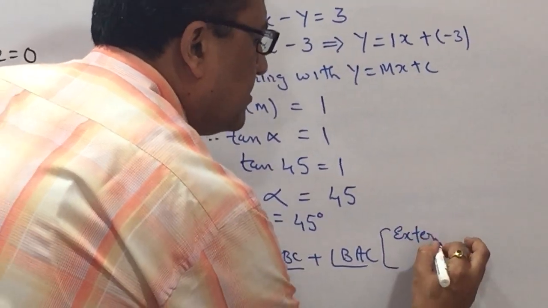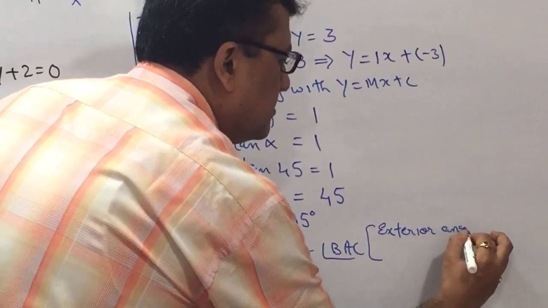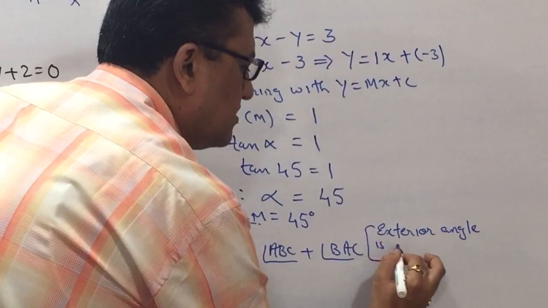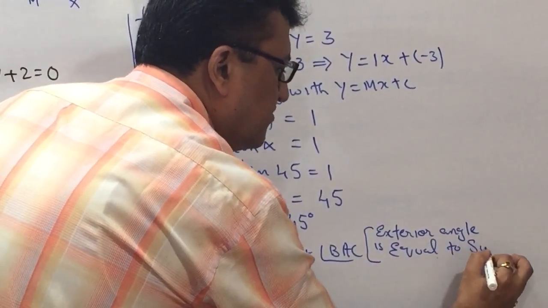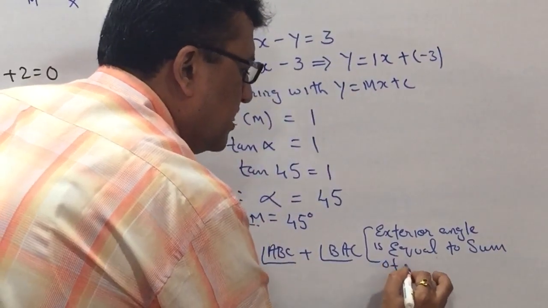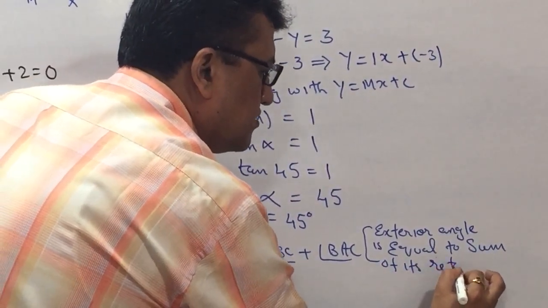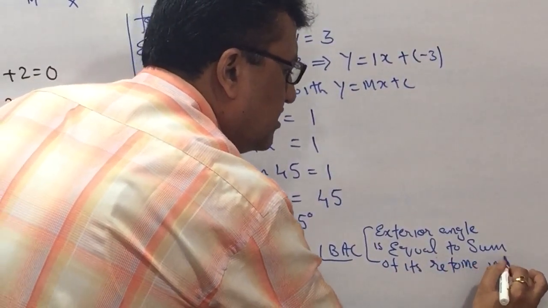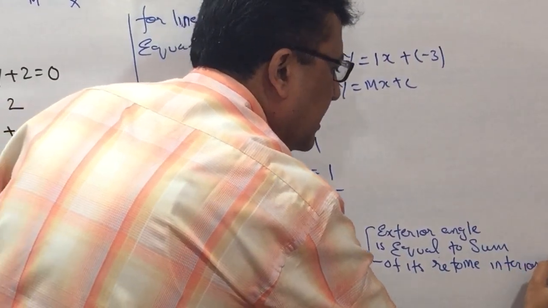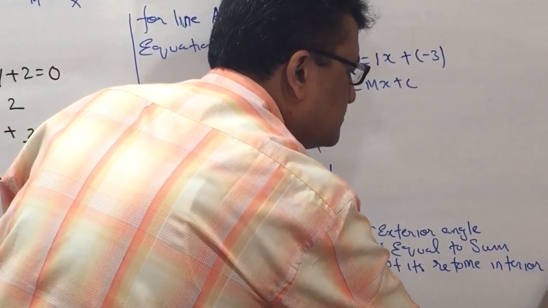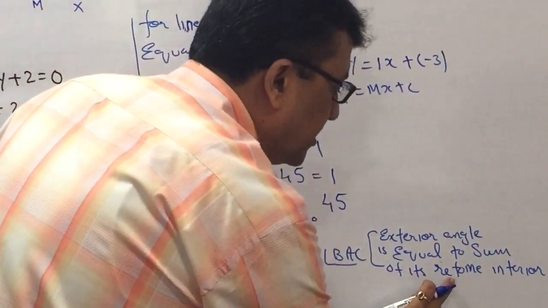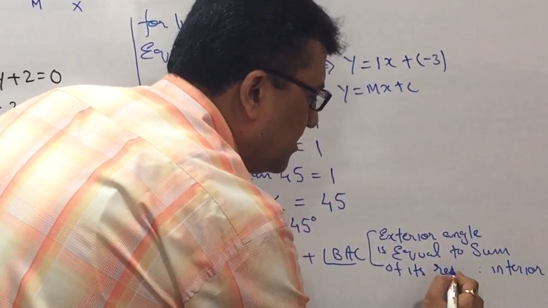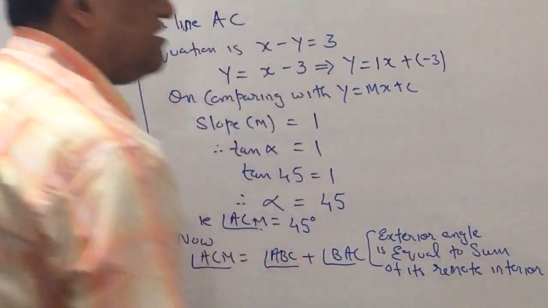Exterior angle is equal to sum of its remote interior angle. Exterior angle of a triangle is equal to sum of its remote interior angle.